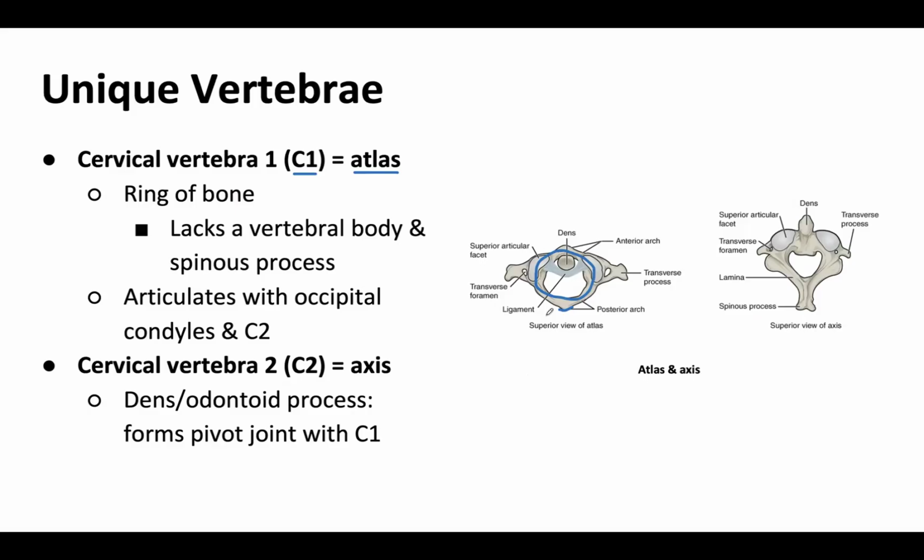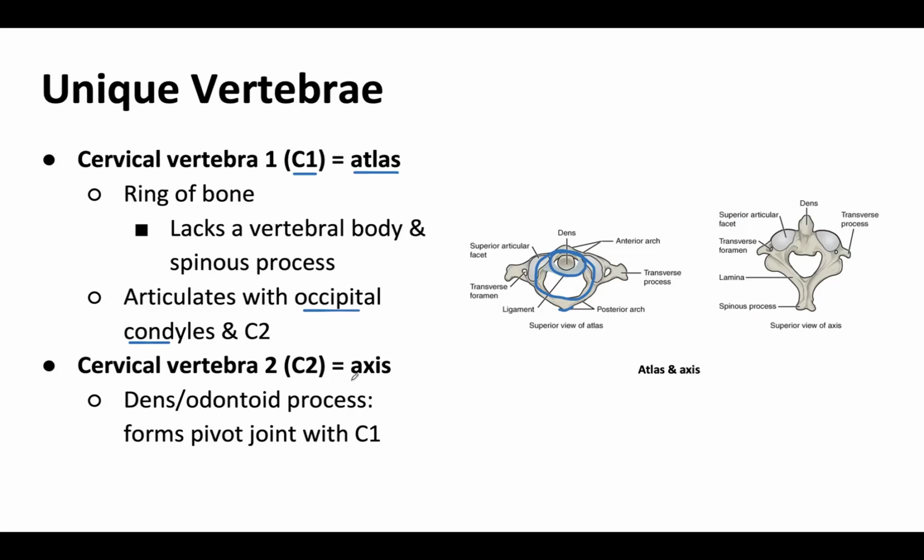And C1 forms two types of joints. Superiorly, it articulates with the occipital condyles at the atlanto-occipital joint. So this joint allows us to shake our head, yes. Inferiorly, it will articulate with C2 at the atlantoaxial joint, which is a pivot joint that allows us to shake our head, no. Speaking of C2, it is a unique vertebra as well.